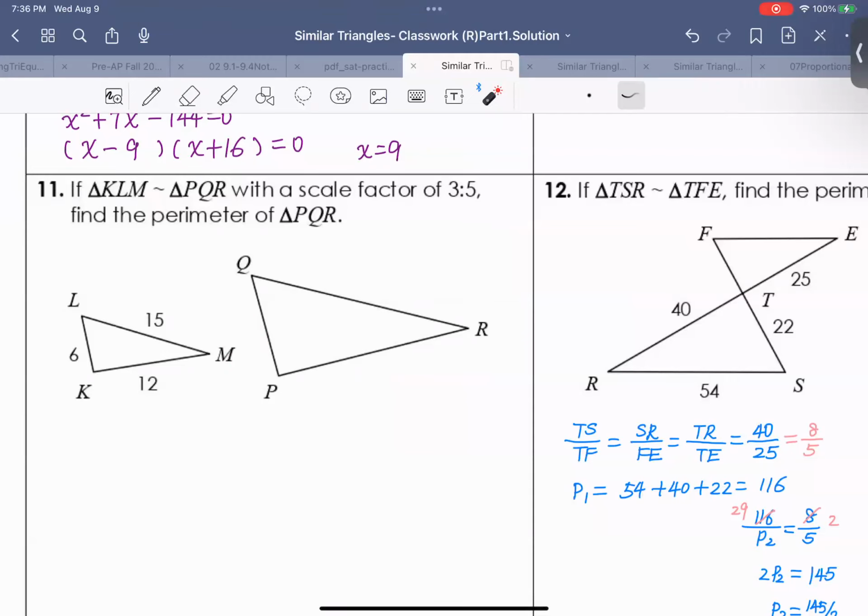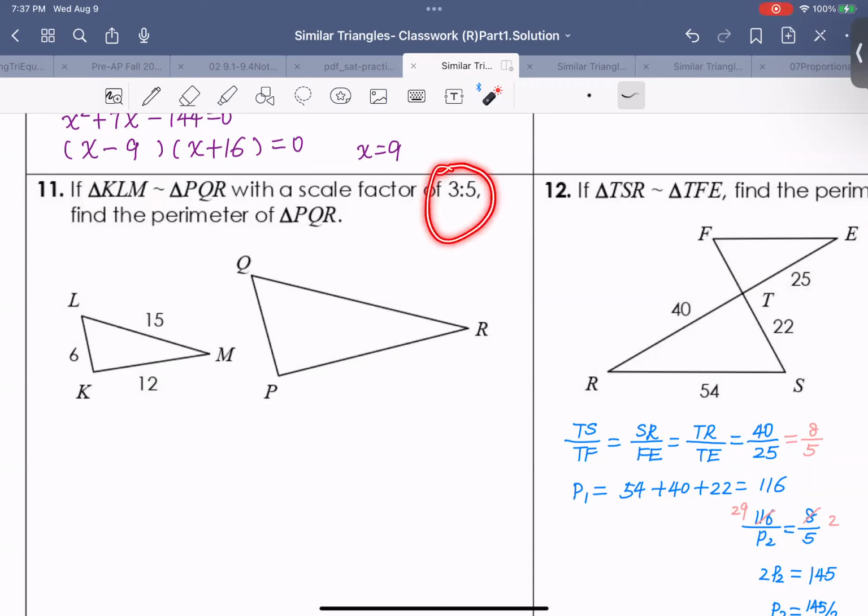We can do 2 different ways. I want to see students do this question in 2 different ways. First way is you use the scale factor. You find out each corresponding part. That's called the first method. You find each length, and then you add the 3 together to give you the perimeter. The second method is you add all these 3 together to get the perimeter of the smaller one.